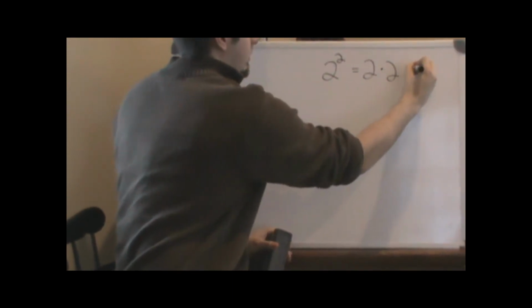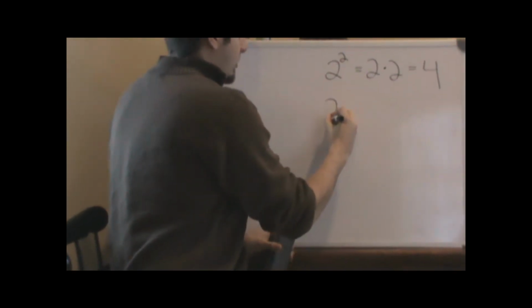So what happens as we move down? We said that to move down one exponent at a time, you divide by the base. So let's take a look at what happens when we get to the negative exponents. If I am at 2 squared, that equals 2 times 2, which equals 4.